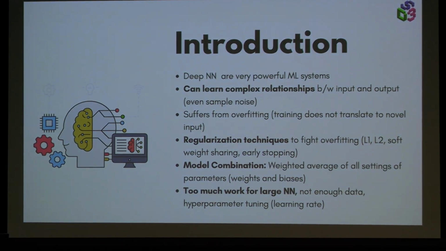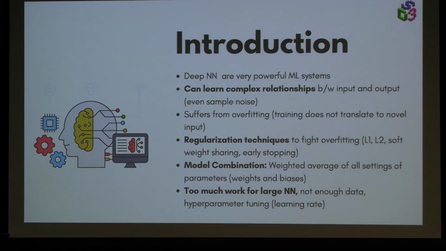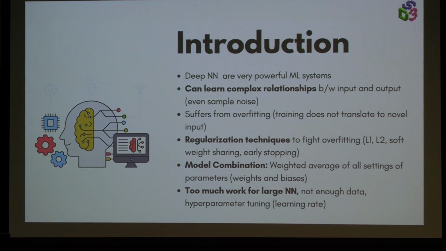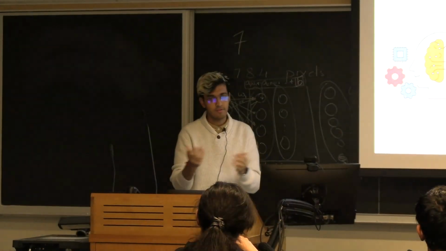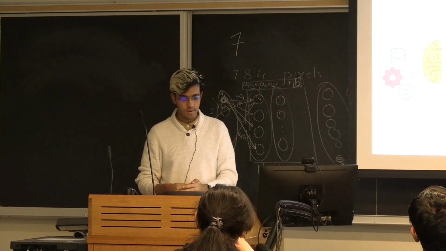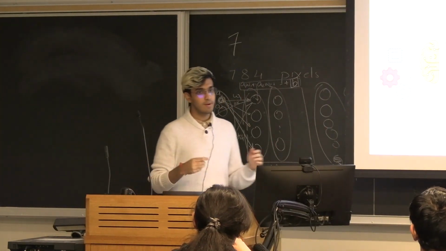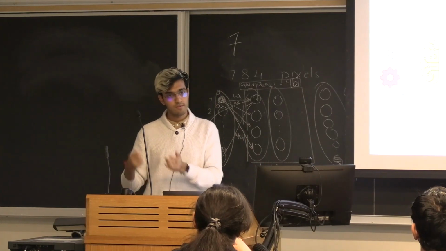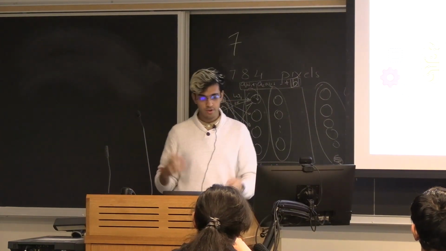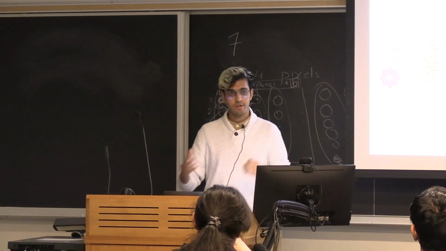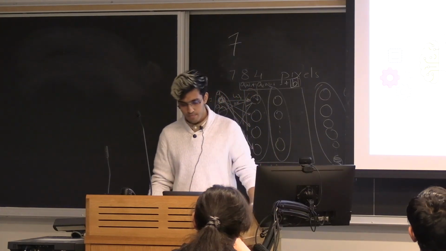If it learns those, and those relationships don't actually exist in general, then when I try to test it or just apply it in a real world scenario, it's going to try and look for those relationships where it's not necessary that those exist, right? So it's going to work amazing on the training sets, but when it tries to look for those correlations on the test set or in general, it's not going to perform as well. Okay?